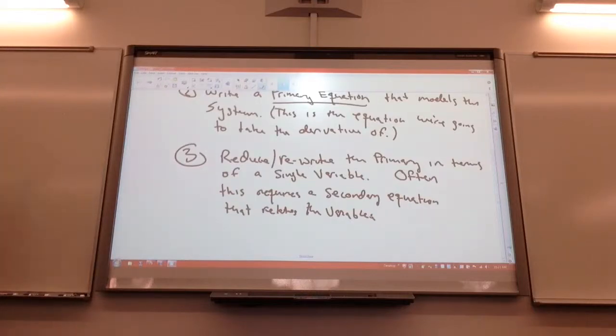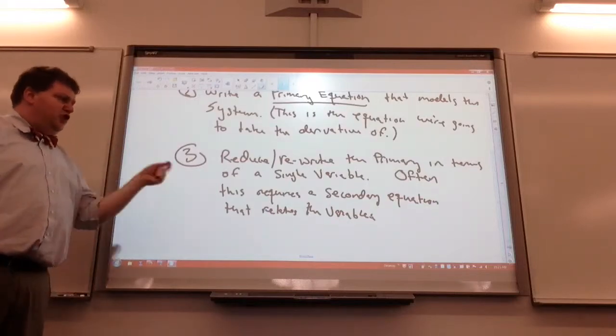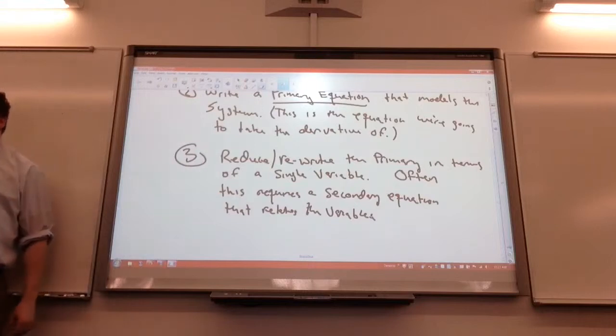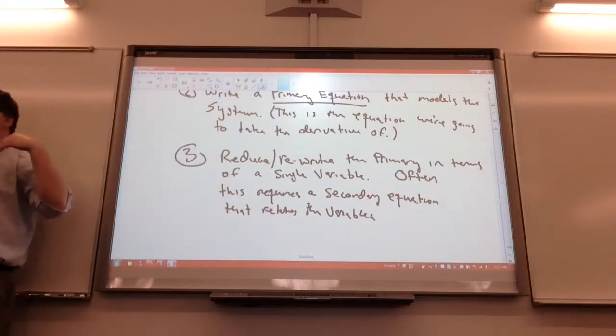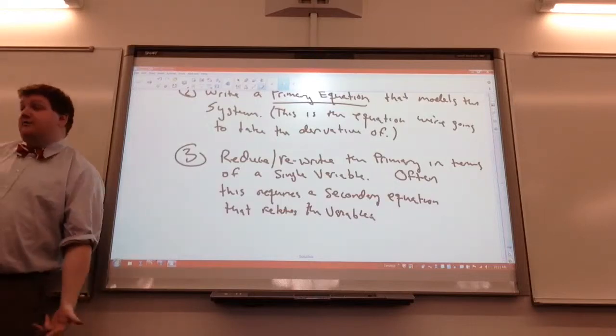You'll see how it works, but you're always going to reduce and rewrite the primary in terms of a single variable. Any questions about that so far? Yeah, that relates the variables. You don't want to choose a secondary equation that has nothing to do with your variables. You want it to relate the two variables together, or the three variables, or however many you have.